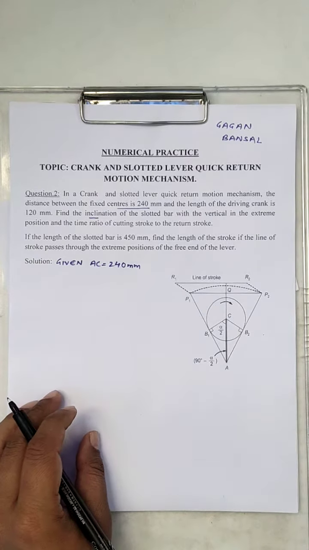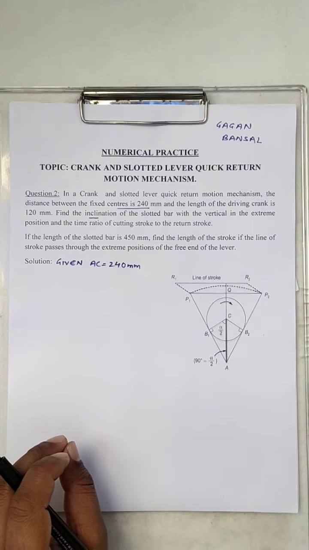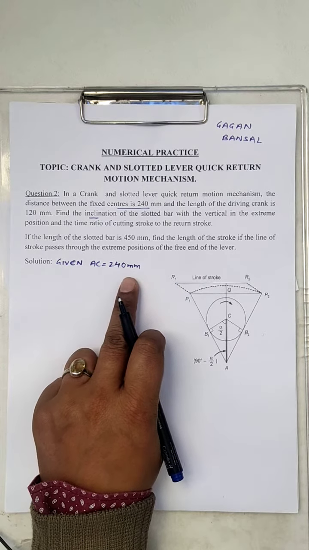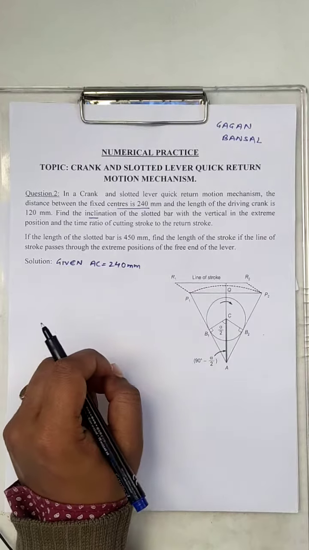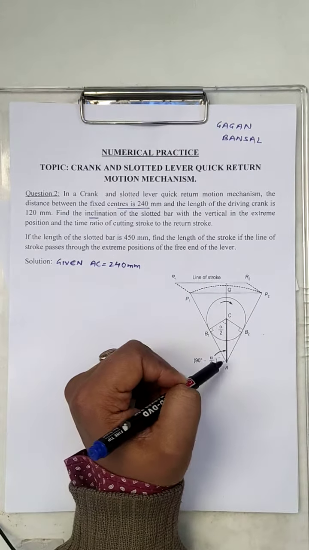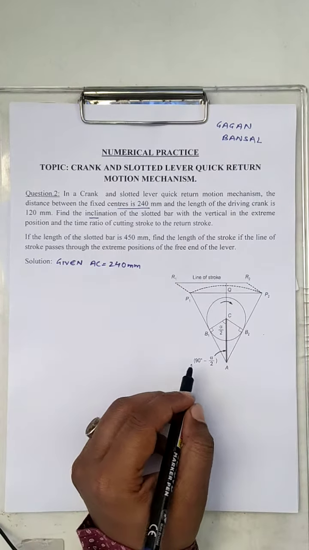Again, I will repeat that we will take the same SI units for the entire problem. For distance, if I am taking mm, I will take mm for all the dimensions related to distance. So AC is 240 mm, given, and the length of the driving crank is 120 mm.